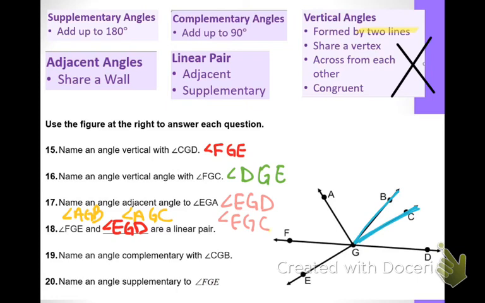So like this side, there's no right angle over here. But this one, okay, it forms a right angle. So we're looking at this right angle, but you can't name the right angle. We want to name the second angle that when combined with BGC forms that right angle. So we want to name AGB.